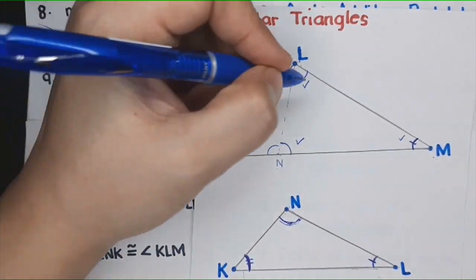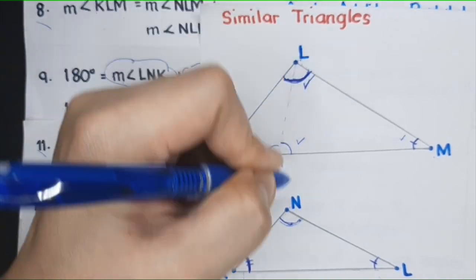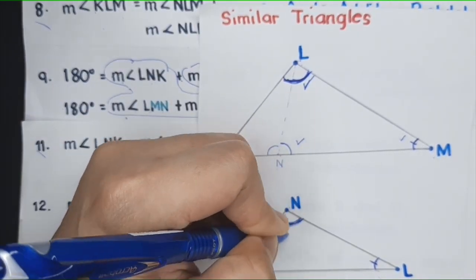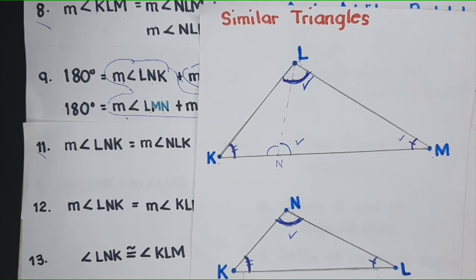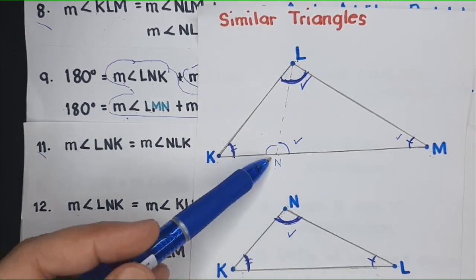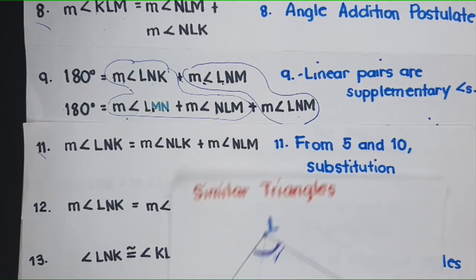So, check. Na-prove na natin na this angle is congruent to this angle. So, congruent na lahat ng angles. So, kapag na-prove nyo yan, actually pwede nga dalawang angles lang. Alright? So, if you're able to do that, you say that these two triangles are similar. And that's going to be our 14th statement.